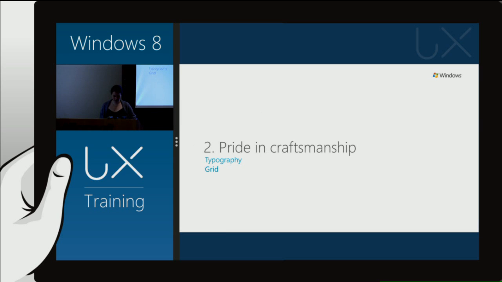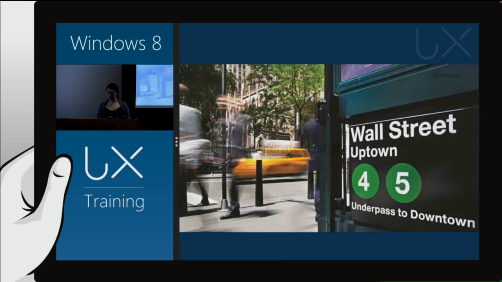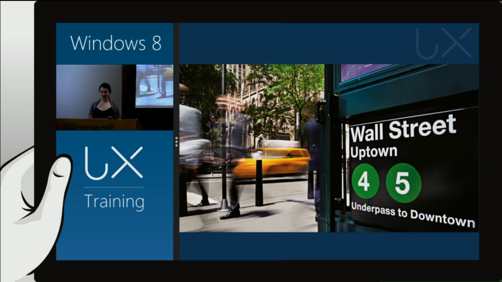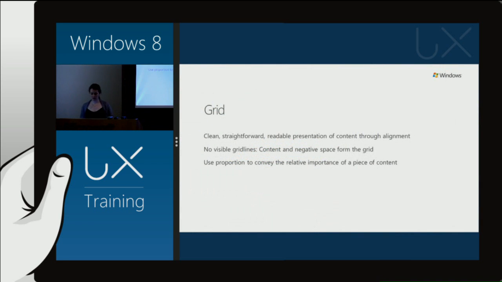The next aspect of leveraging that focus on pixels and layout is around using the grid. And again, the grid is something that's very much inspired by modern Swiss design. It's leveraged to provide a readable presentation of content through alignment.